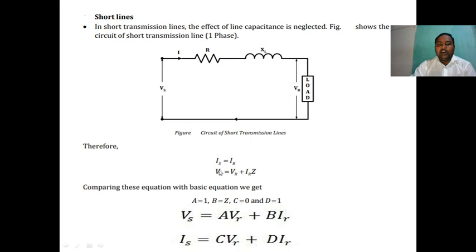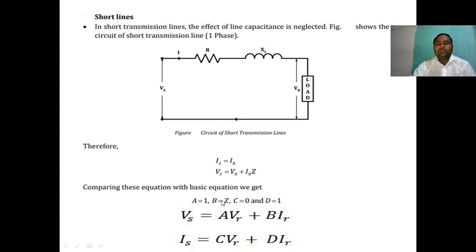Since Is is equal to IR, Is is equal to C VR plus D IR, comparing the coefficient of D, the D value is equal to 1. Comparing all the coefficients from the basic equation to the actual equations, we get constants A and D equal to 1, constant B equal to Z, constant C equal to 0.